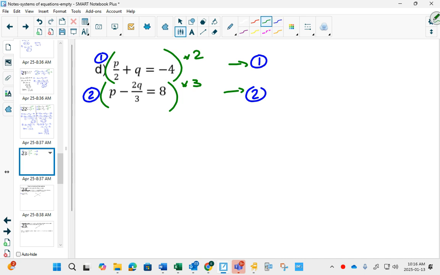I multiply by 2. P over 2 just becomes P plus 2Q equals -8. That's the exact same equation, but without fractions. Same thing when I multiply by 3, I'm now going to get 3P minus 2Q equals 24.